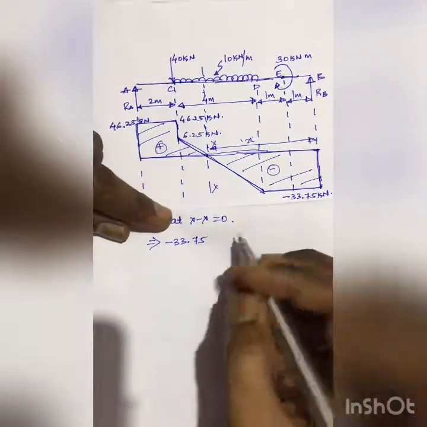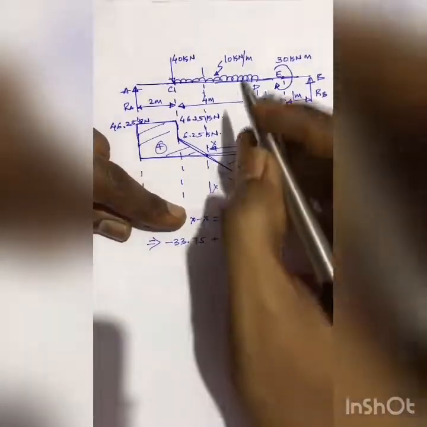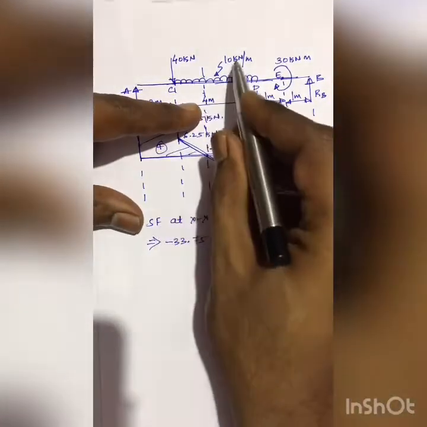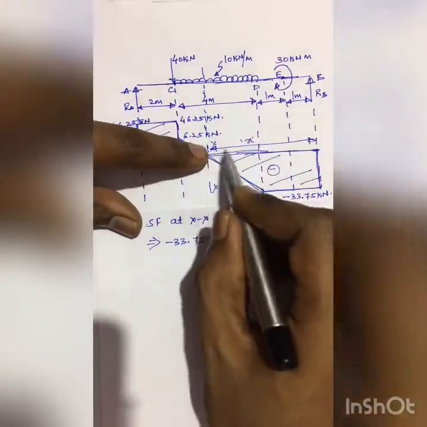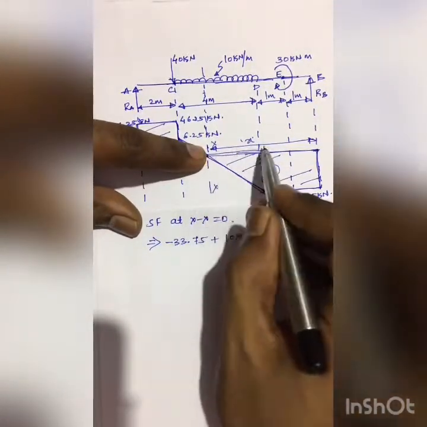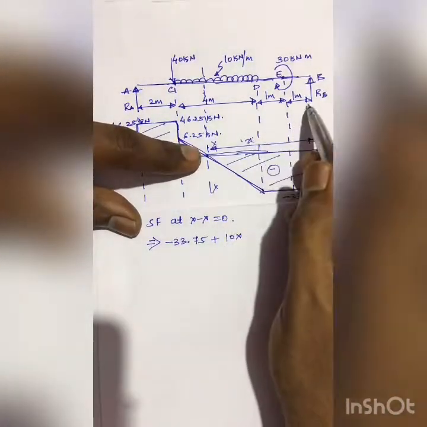And first I'll write this 10 into, I need to multiply this 10 not by this whole 4 meter distance but only this distance. And how much is this distance? Is it not this X minus this 2 meters?